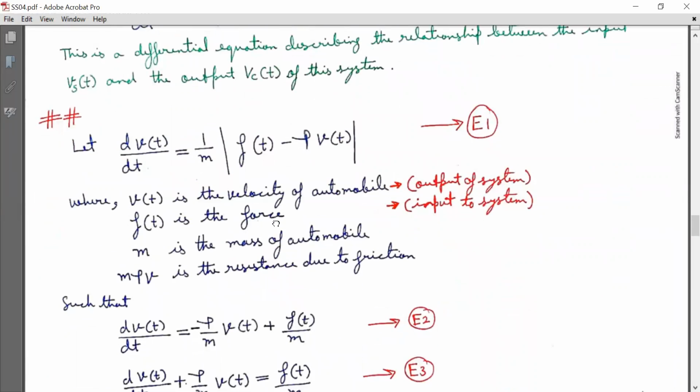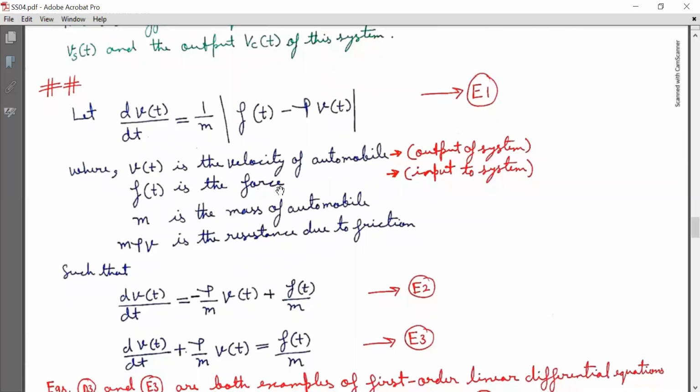Now similarly, in another case, let d by dt V(t) be equal to 1 by m F(t) minus rho V(t). Here V(t) is the velocity of an automobile, which is considered to be the output of the system, and F(t) is the force, that is the input to the system. m is the mass of the automobile, and rho V is the resistance due to friction.